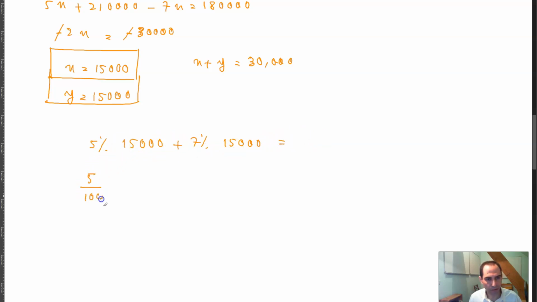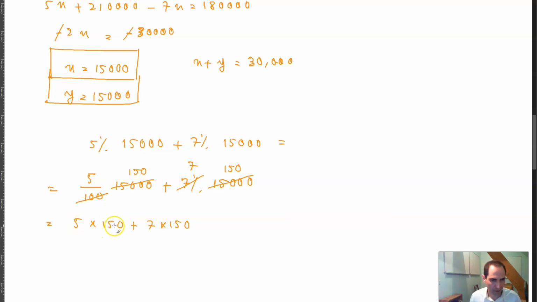Dividing by 100, you get 150, so this is 5 times 150 plus 7 times 150, which is the same thing as 5 times 15 is 75, so 750, plus 7 times 15 is 105, so 1,050, and that is exactly 1,800.